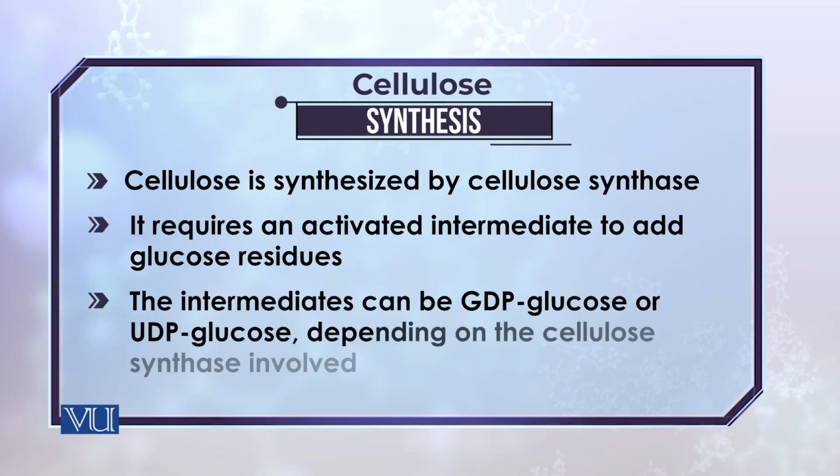You know why we bind glucose with these molecules: it makes glucose more energetic so that the reaction will be feasible. Whether the intermediate will be GDP or UDP depends upon what sort of cellulose synthase is being used.